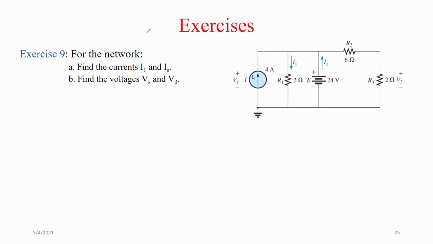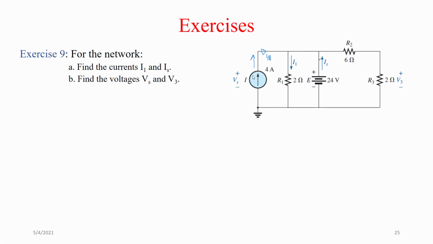Keep one thing in mind: the current source gives you constant current, the voltage source gives you constant voltage. So what is the current here? 4 ampere, because it's coming from this source.